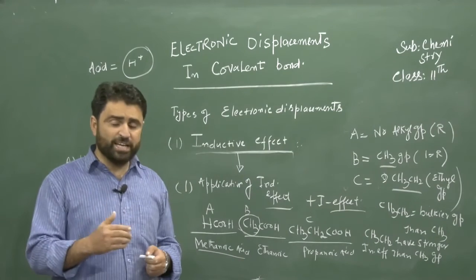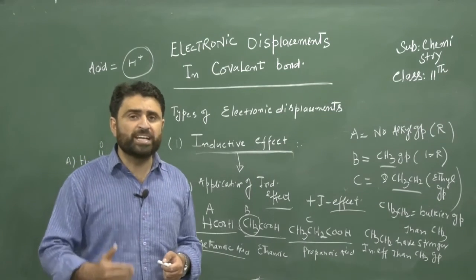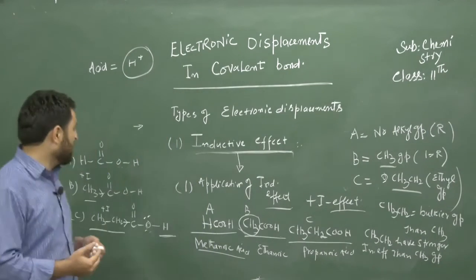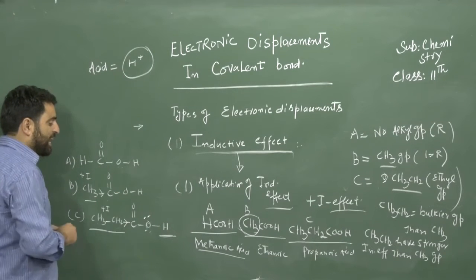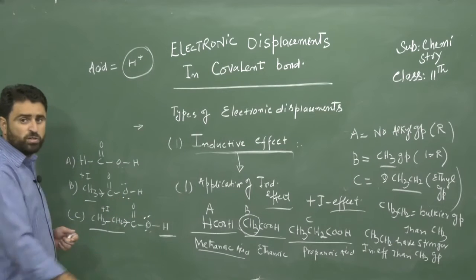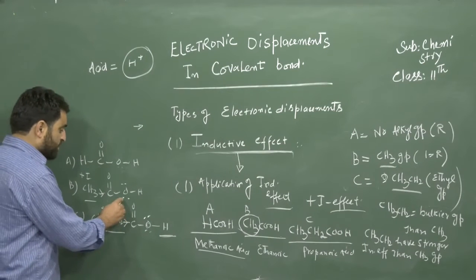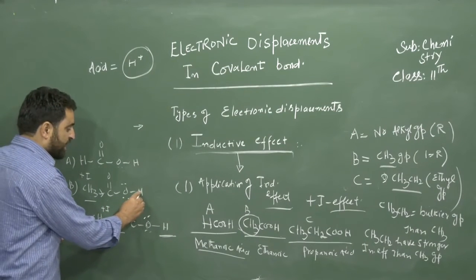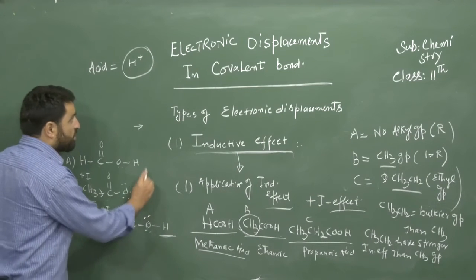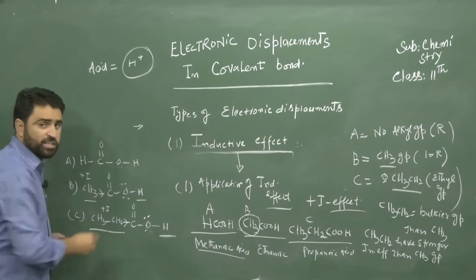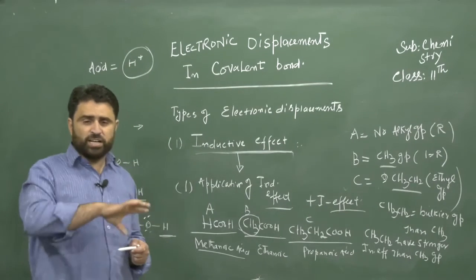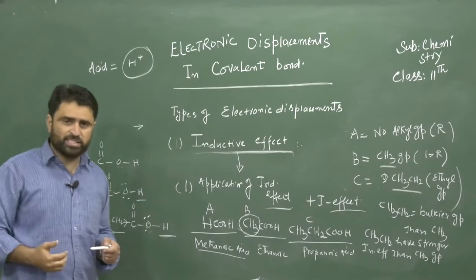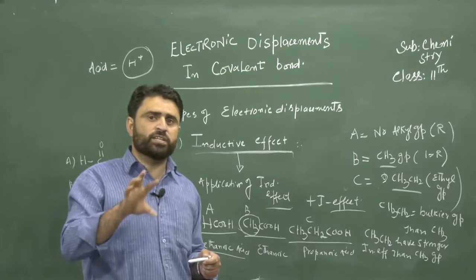So any acid containing an alkyl group is made weaker. Because the alkyl group shows plus I effect, it releases electrons, the electron density increases on the oxygen atom, owing to which H is not released easily in the form of H positive. So if the acid does not contain any alkyl group, it is a stronger acid than the acid which contains a methyl group.